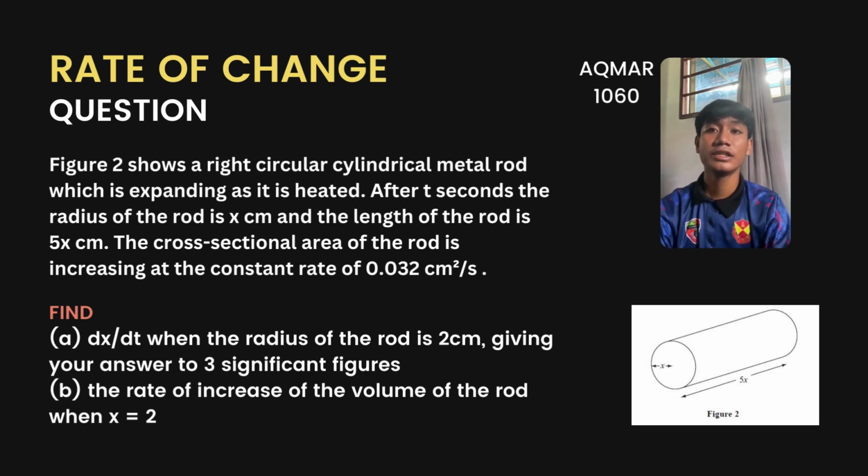Question A is find dx/dt when the radius of the rod is 2 cm, giving your answer to 3 significant figures. And question B is find the rate of increase of the volume of the rod when x equals 2.